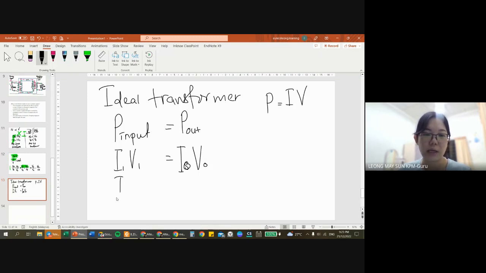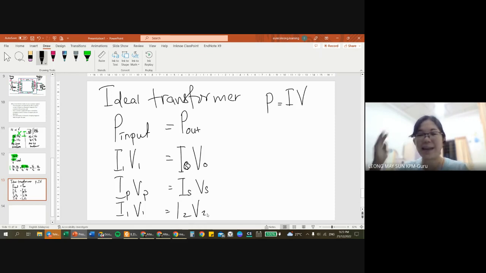So it can be IP VP equals IS VS. It can be I input V input equals I output V output. Sometimes they write it as I1 V1 equals I2 V2. It's all the same thing. Input equals output.